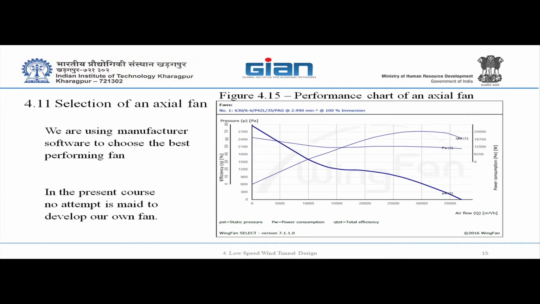See, in our test section, we know what the airflow rate is. Cubic meters per hour. You know what you want. It's iterative. You know what flow rate you want in the test section, but for that flow rate, you have to calculate your loss.